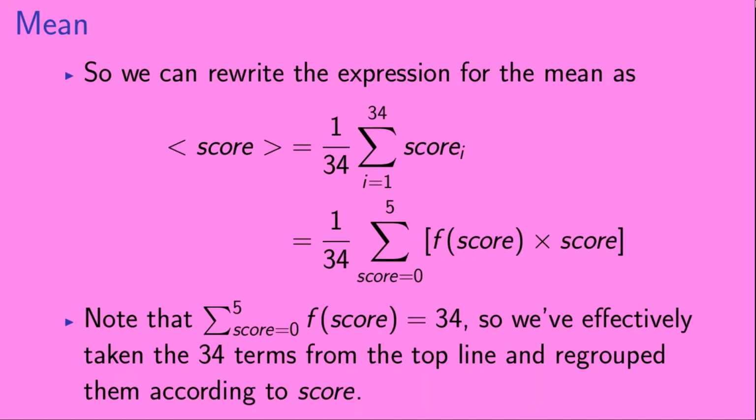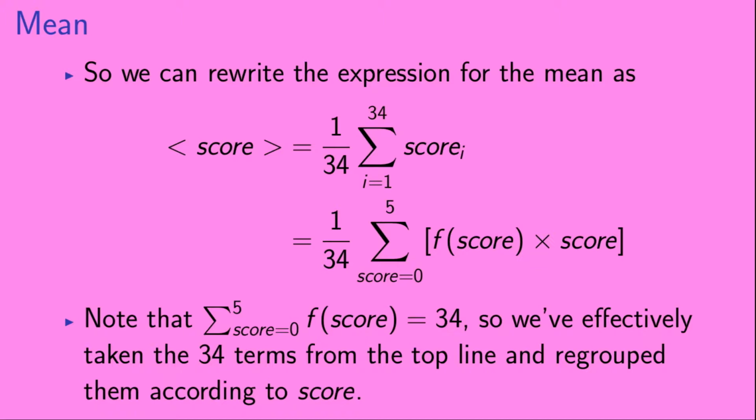Okay, so we can rewrite the expression for the mean in the following manner. Originally we wrote that the mean of the score was 1 over 34 times the sum over all of the 34 games of the score for each game. Now let's rewrite that as 1 over 34 times the sum over the score from 0 to 5 of the score times f of score, which is the number of games in which that particular value of score was obtained.